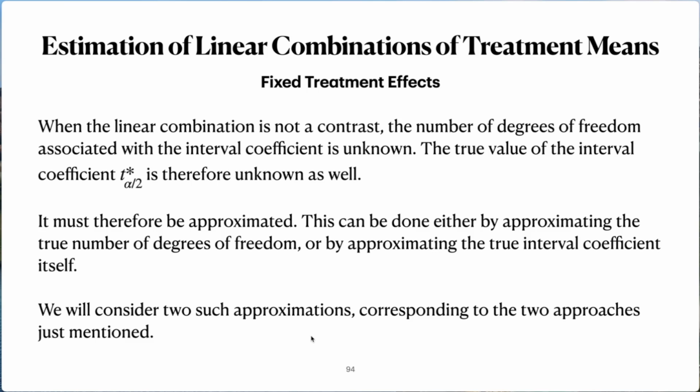There's more than two ways of coming up with an approximation to the appropriate interval coefficient. We're going to look at a couple. One way is to approximate the true number of degrees of freedom, or we can approximate the true interval coefficient directly. Now we're going to consider two approximations corresponding to the two approaches that we just mentioned.